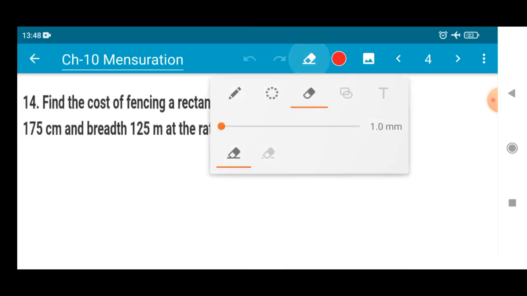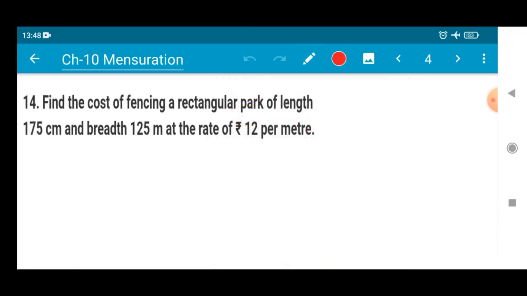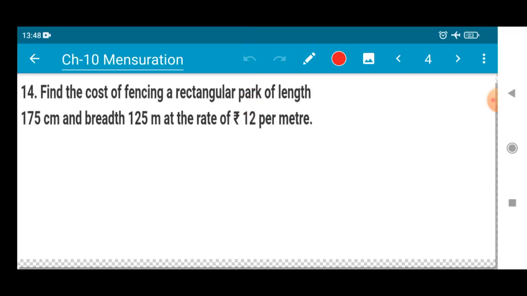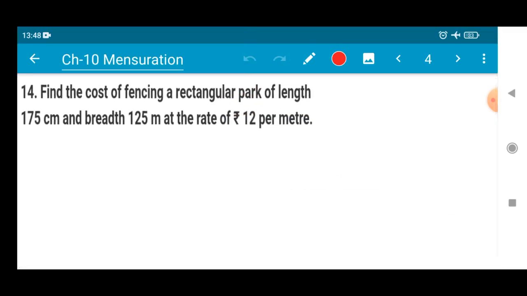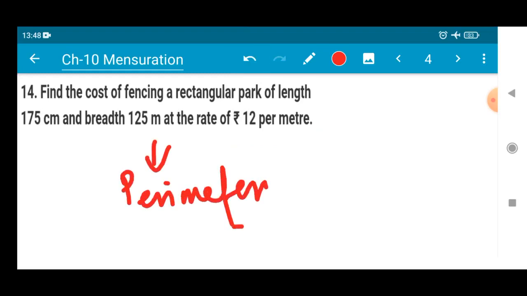So proceeding to the next question, that is question number 14. Find the cost of fencing a regular rectangular park of length 175 meter and breadth 125 meter at the rate of 12 per meter. So here also it is a very common question. You have to find the perimeter. First of all, you have to find the perimeter, as this is simply a rectangle.